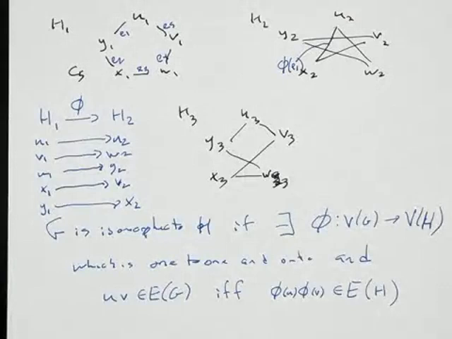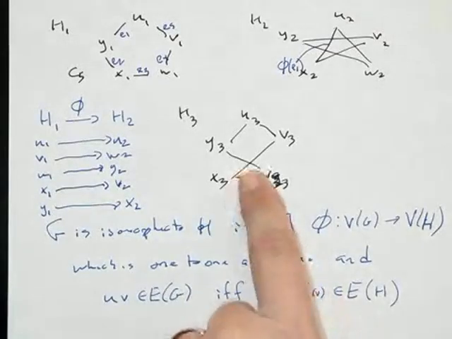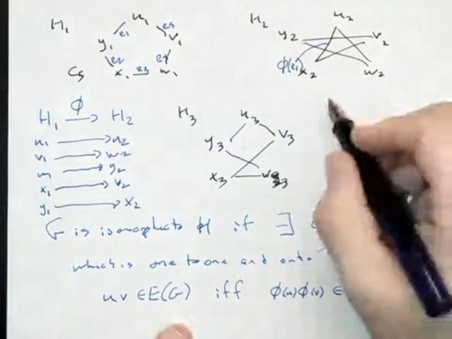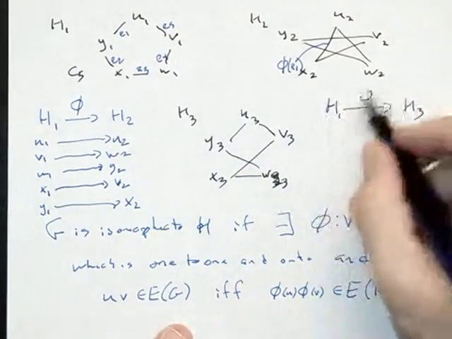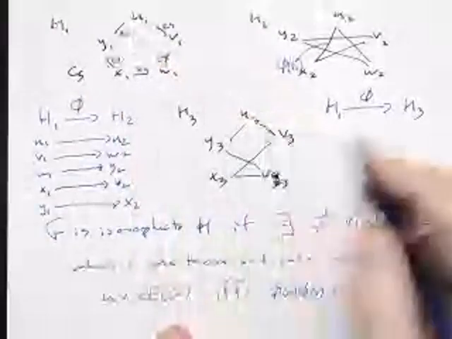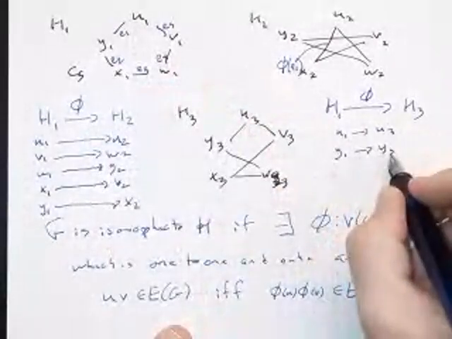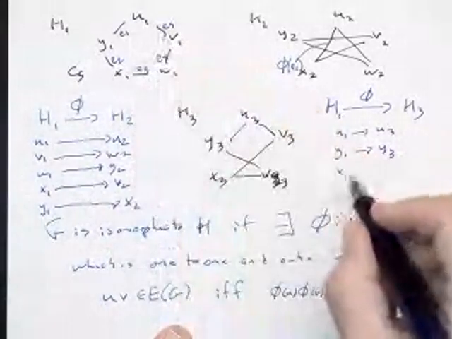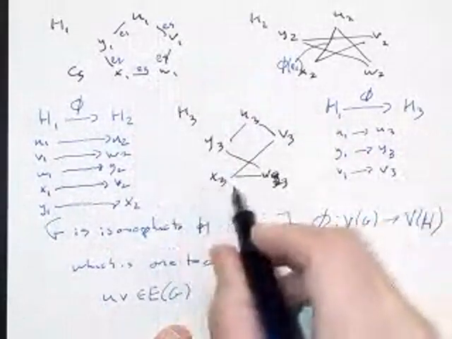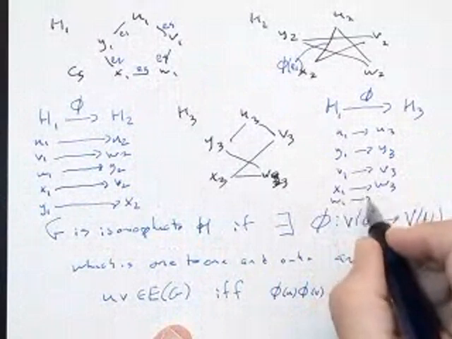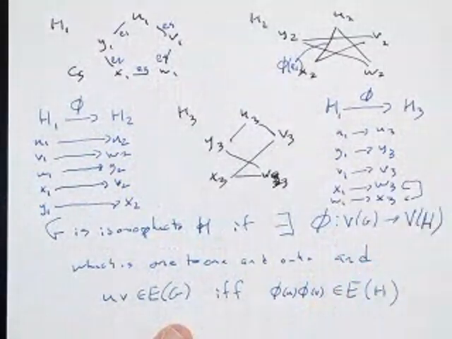If I remove those and twist it over, then the vertices between H1 and H3 correspond. U will go to U3. Y will go to Y3. V1 will go to V3. And the only thing you have to do is close it. X1 goes to W3 and W1 goes to X3. That's the twist you wanted.